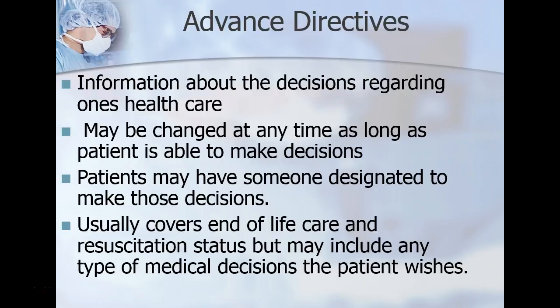The patient can have someone designated to make those decisions, which is your durable power of attorney for healthcare or healthcare proxy. And it usually covers end-of-life care, resuscitation status, and different types of medical decisions that the patient wishes. It can be anything from that you don't want a feeding tube to that you don't want to be coded and resuscitated.